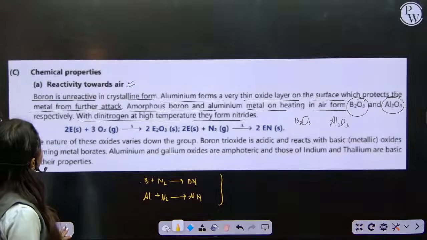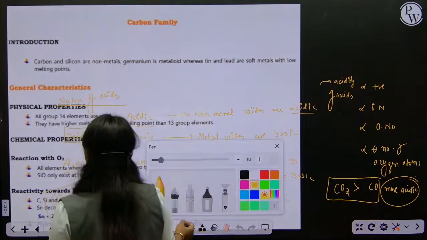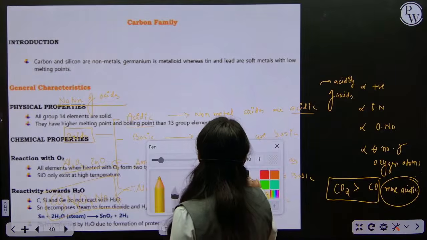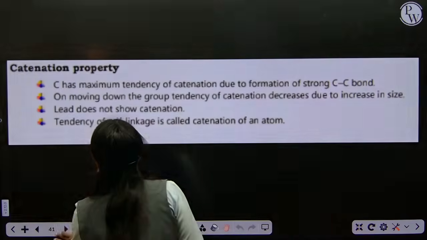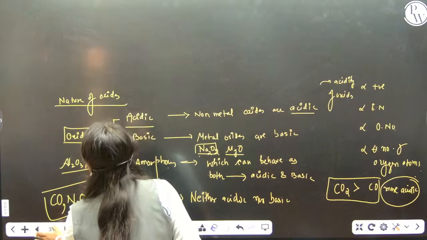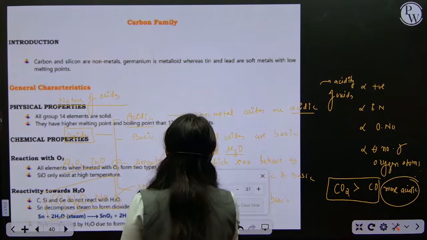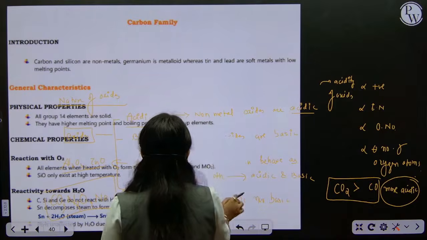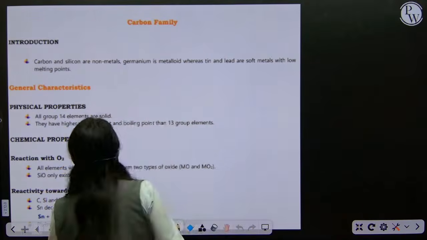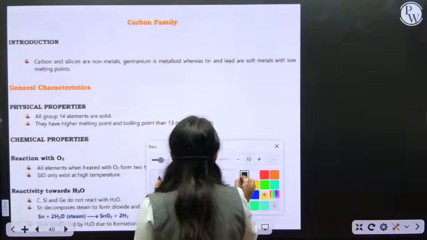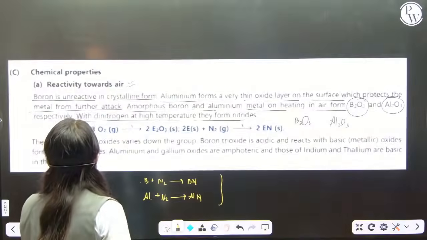So what is the nature of the oxides here?